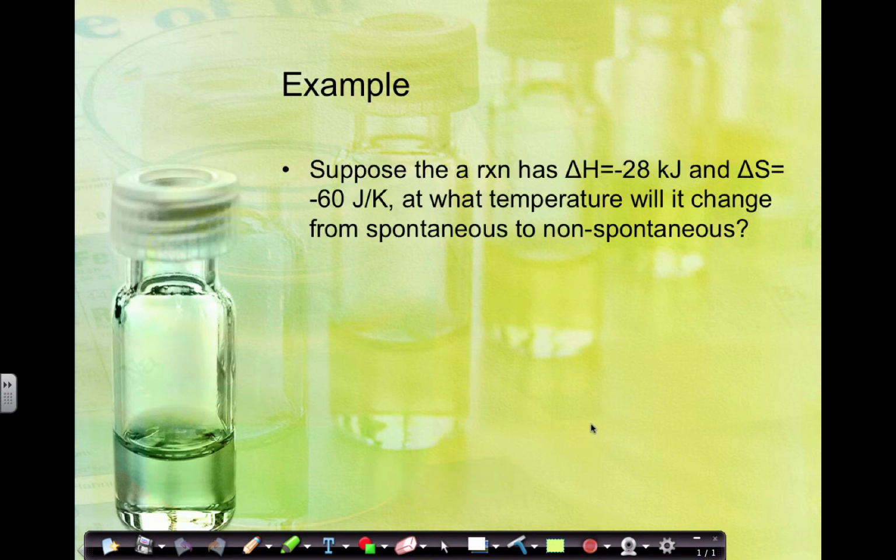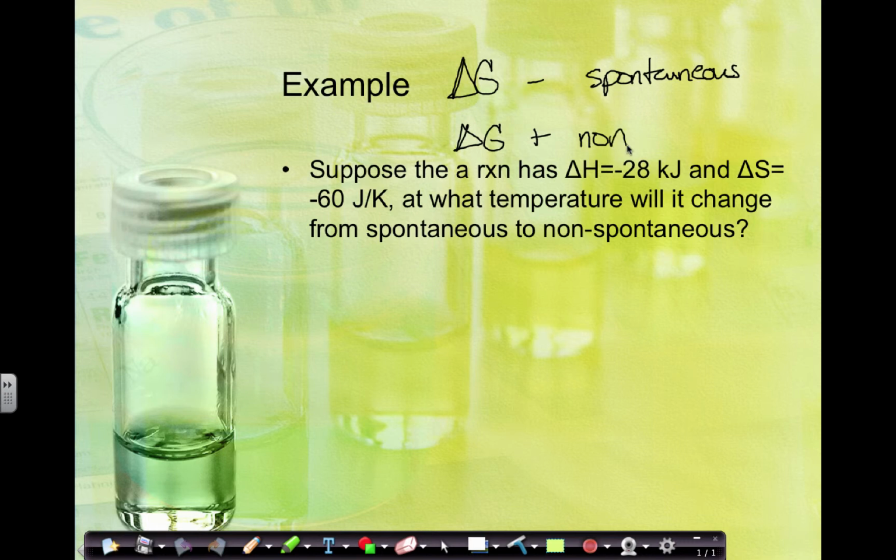All right, so suppose that a reaction has a delta H of this and a delta S of this. What temperature will it go from spontaneous to non-spontaneous? Well, remember when delta G is negative, then it's spontaneous, and when delta G is positive, it's non-spontaneous.